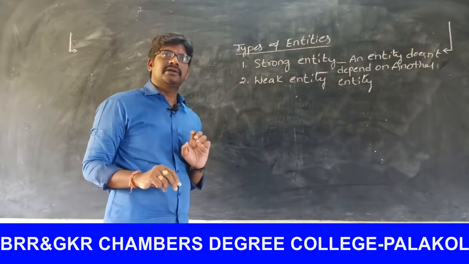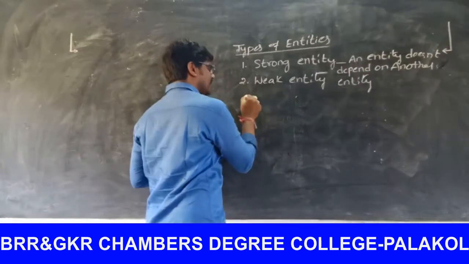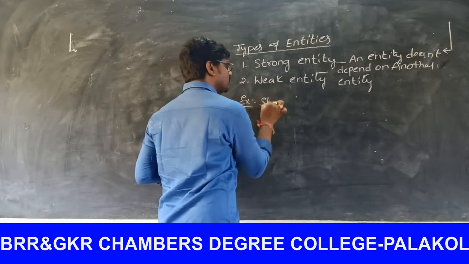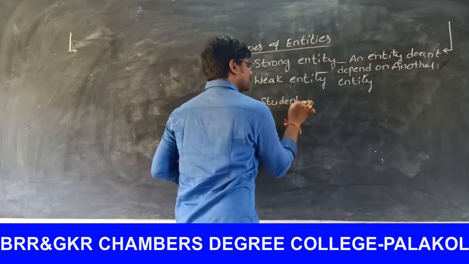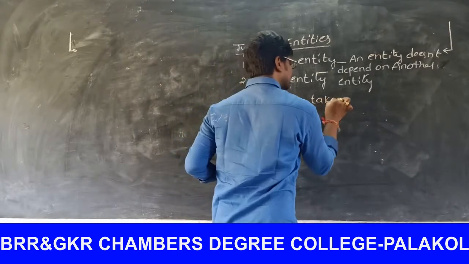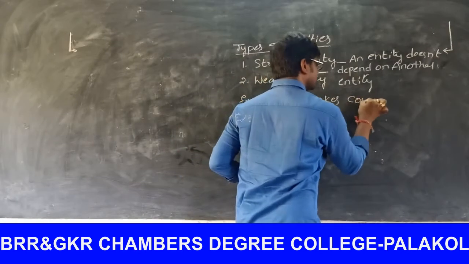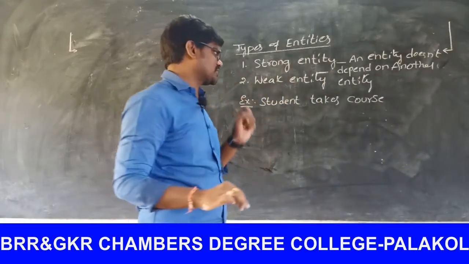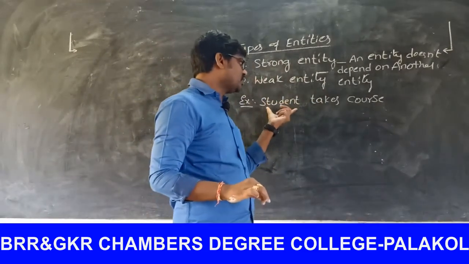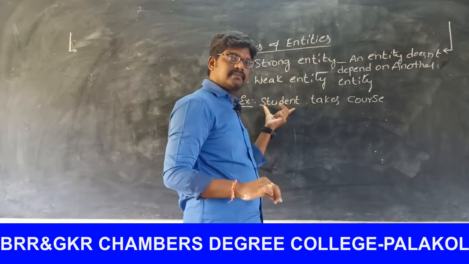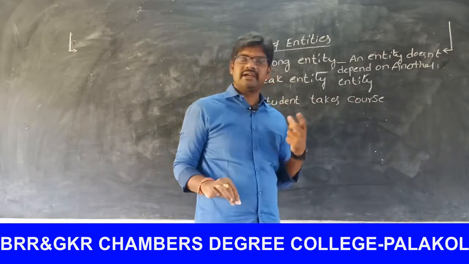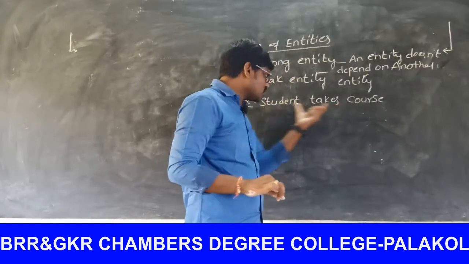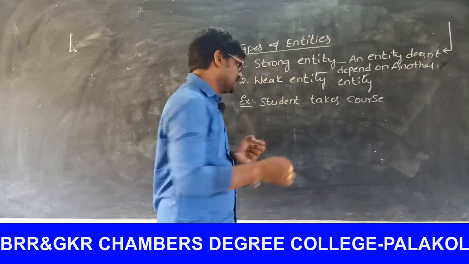For example, student. I'm taking one example. Student takes course. Here, student is a person, course is an event, and the connecting word is takes. These two are the entities.